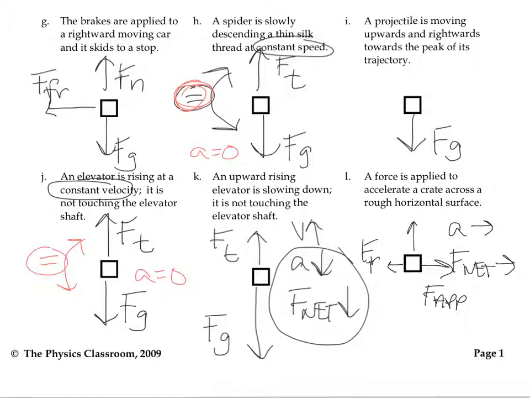Okay? And don't forget, if it's on the ground still, I have normal force and force of gravity. But in this case, if it's accelerating to the right, your net force should be overall to the right, which means your applied force should be larger than your force of friction.